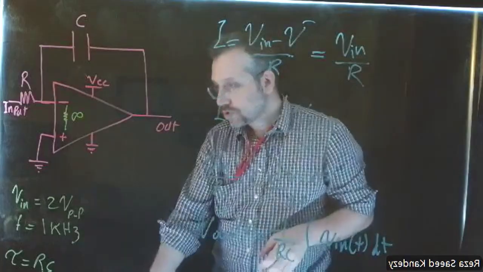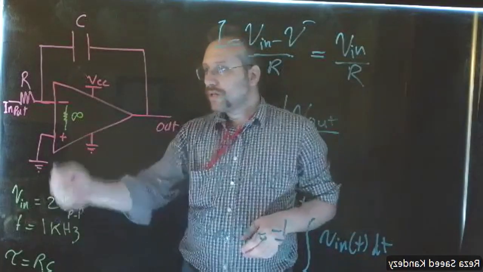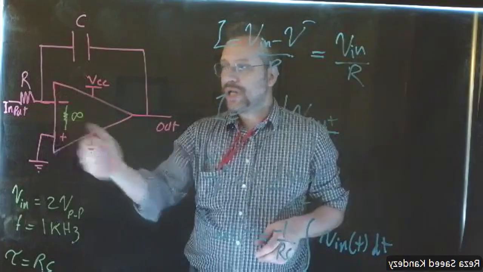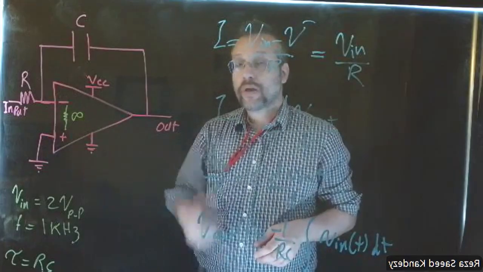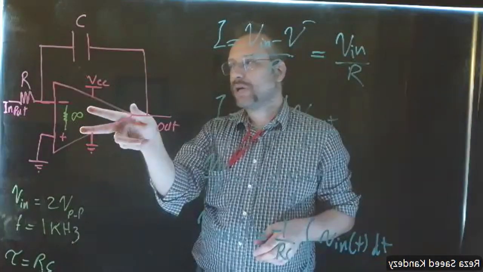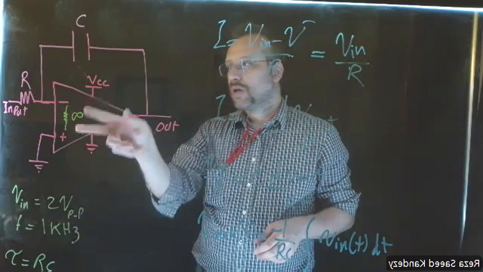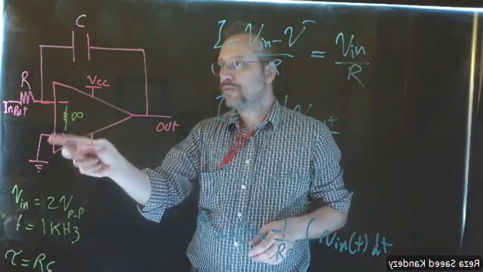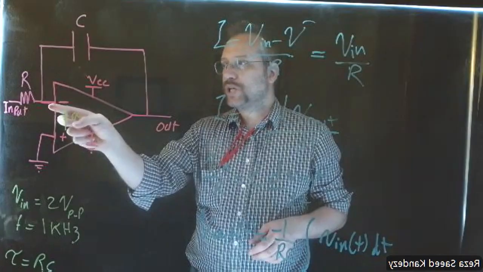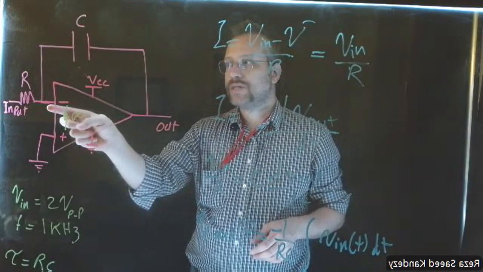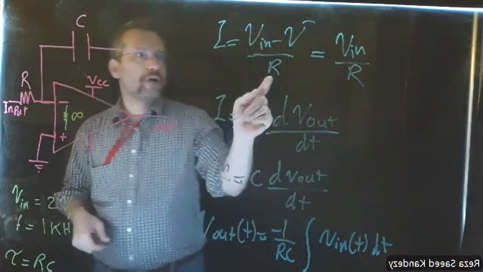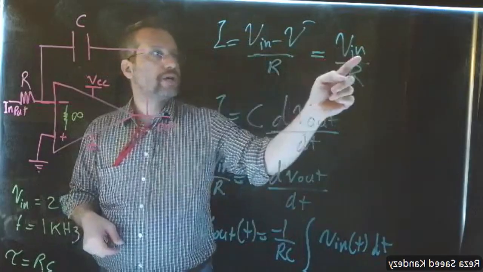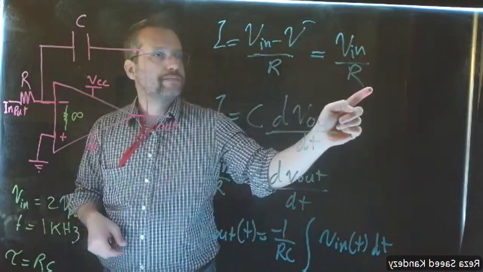So if this is infinite ohm, that means we don't have any current passing between the inverting and non-inverting terminal. That means we don't have any voltage drop across this impedance. And since we connect the non-inverting one to the ground, the voltage here is 0, there is no voltage drop here. So this voltage should be 0. That means the voltage across that resistor is going to be the input voltage. So the current is going to be the voltage of input divided by the resistor.